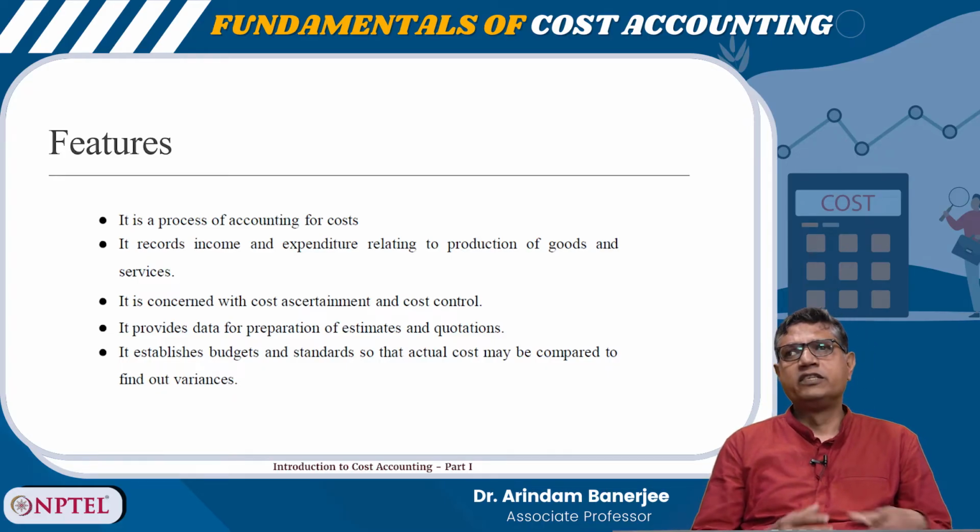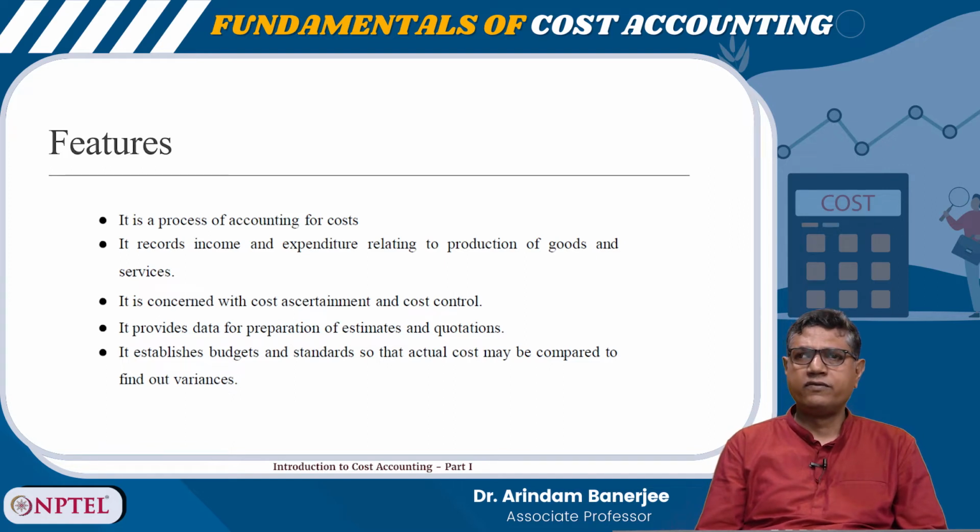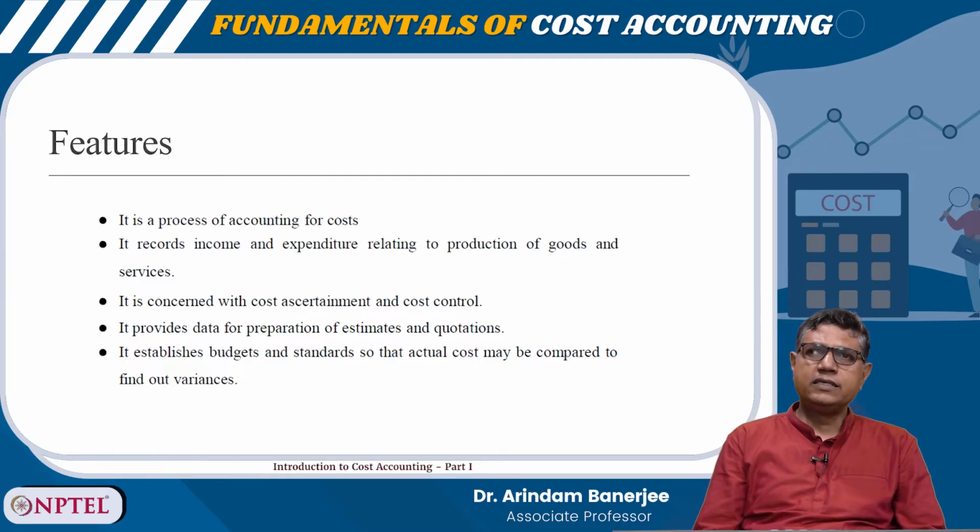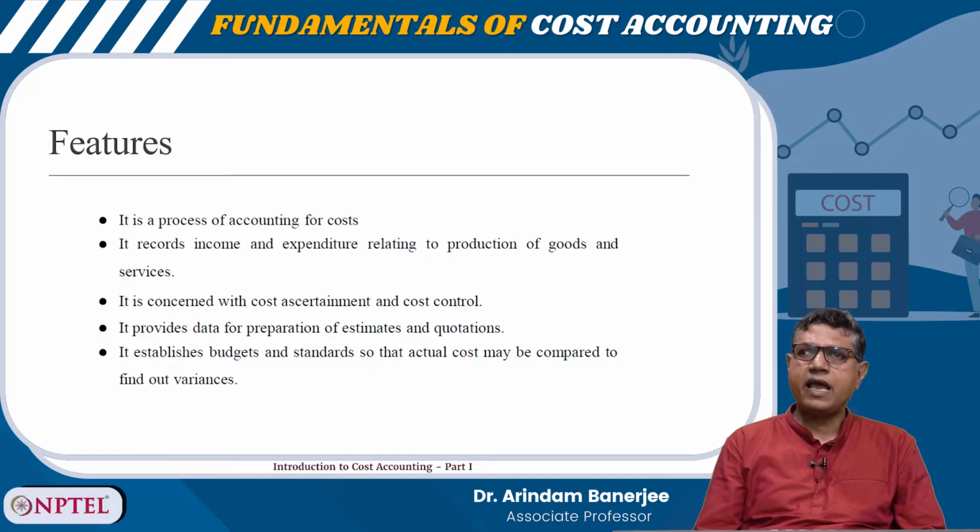What are the important features? The first feature is, it is a process of accounting of costs. Second, it records income and expenditure relating to production of goods and services. It is concerned with cost ascertainment and cost control. It provides data for preparation of estimates and quotations.